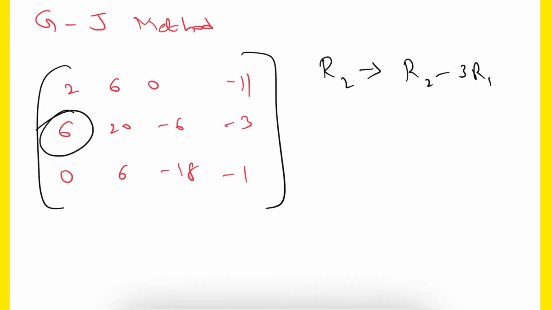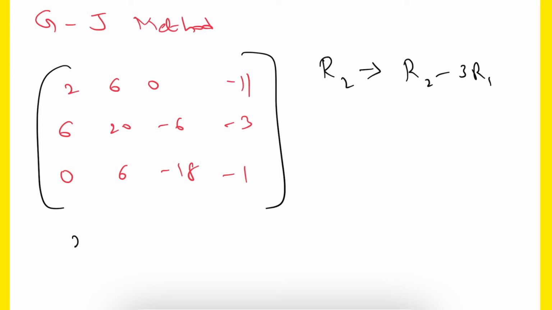Because here 6 is there, I would like to make that 0. So if I make it triple it will become 6, then 6 minus 6 obviously becomes 0. Okay, done. So now I am changing row 2 to R2 minus 3R1.